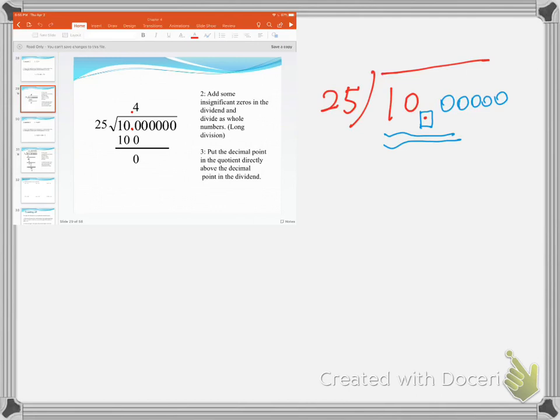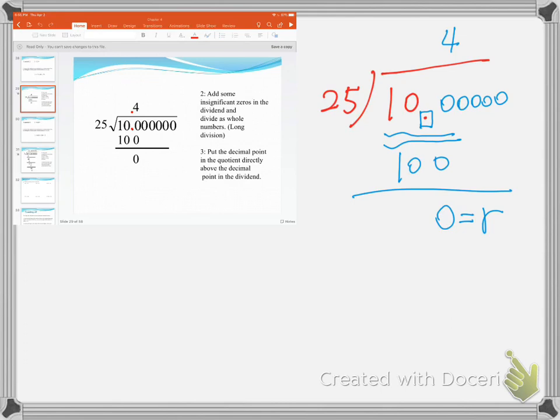100 divided by 25, we got quotient 4. 4 times 25 is 100. 100 minus 100, remainder 0. So remainder 0, you can stop. You don't need to bring down all the other 4 zeros, because it's still 0.